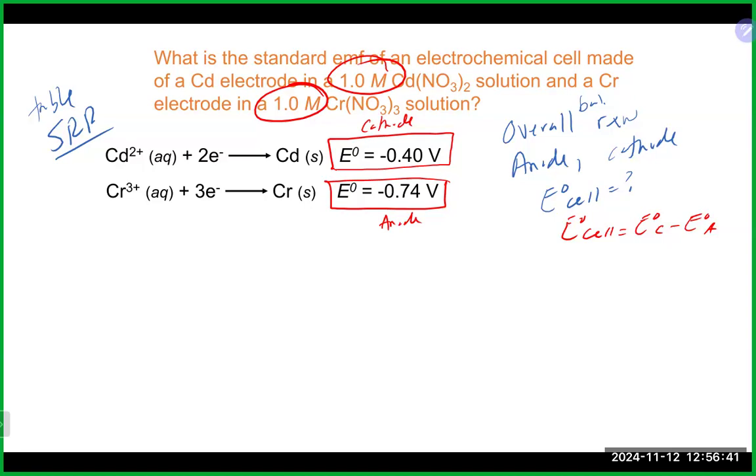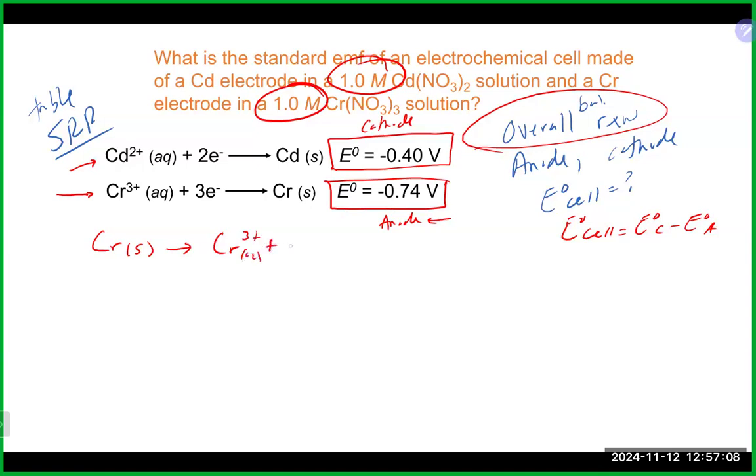Since the cathode is the one that is being reduced, that means that this equation is actually written correctly. Since this is the anode that's being oxidized, it means that this equation technically is written backwards. So since we do want the overall reaction here that I added on, we would reverse the bottom equation and make it into an oxidation reaction.